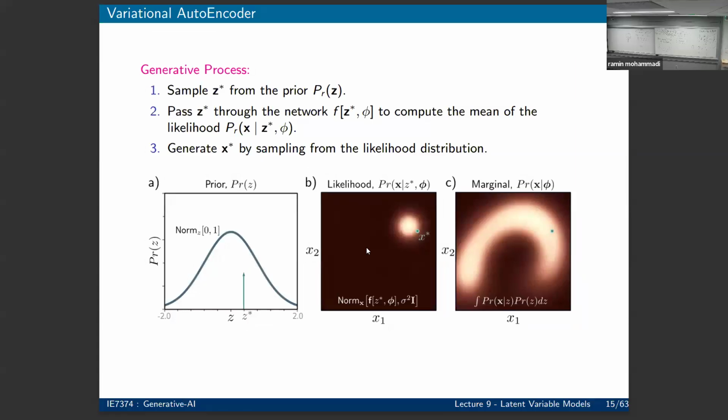Now, what's the generative process? We start from the left. This is the Gaussian. You sample from it. This data point is the sample that you got, Z star. Then you go to the second step. This is the likelihood. The likelihood says that I pick this Z, what is the chance of X given that Z?